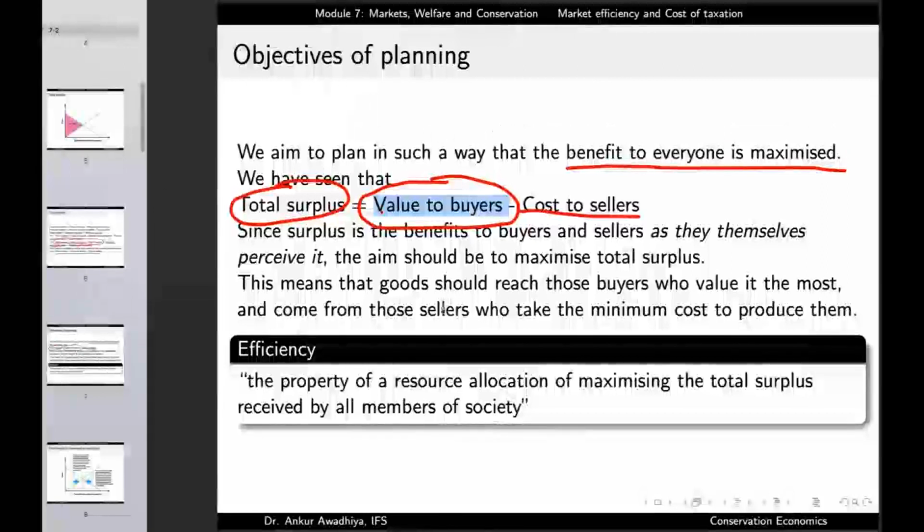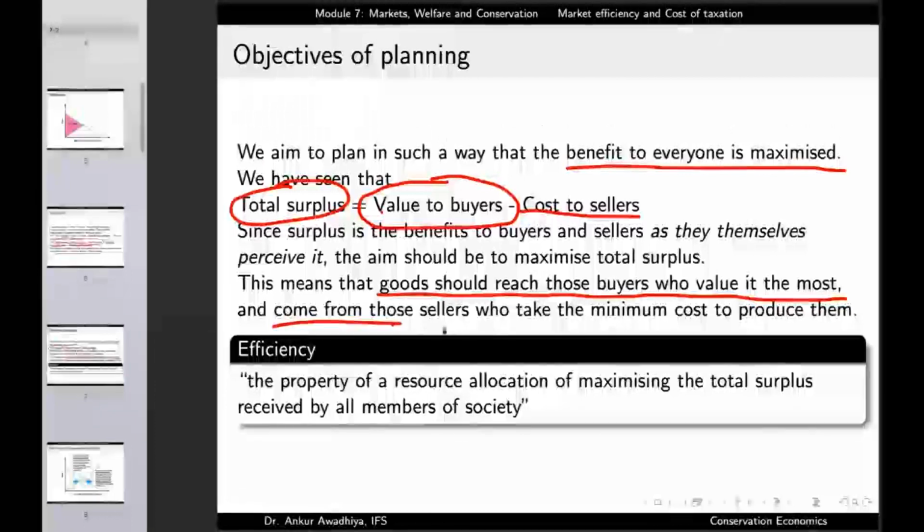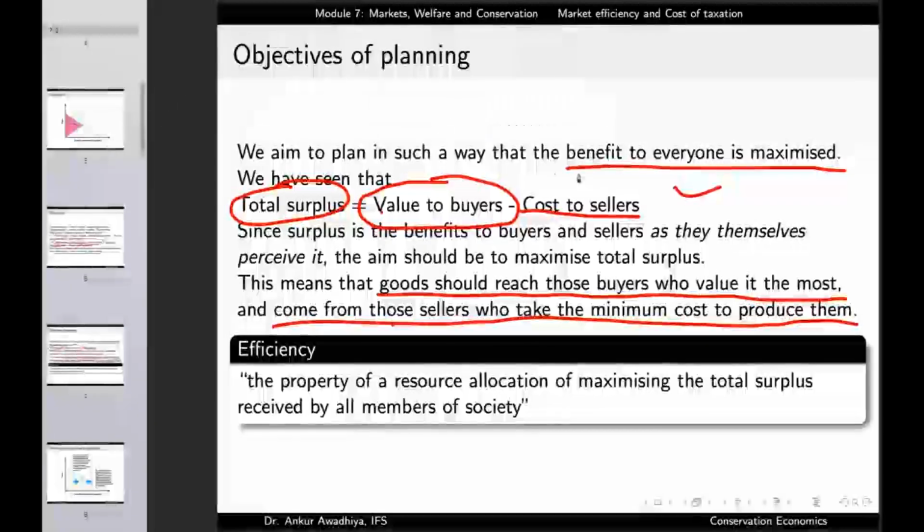That is, the goods should reach those buyers who value them the most. At the same time, they should come from those sellers who take the minimum cost to produce them, because in this equation, when the cost to the sellers is reduced, the total surplus increases. And that is what the objective of planning should be.